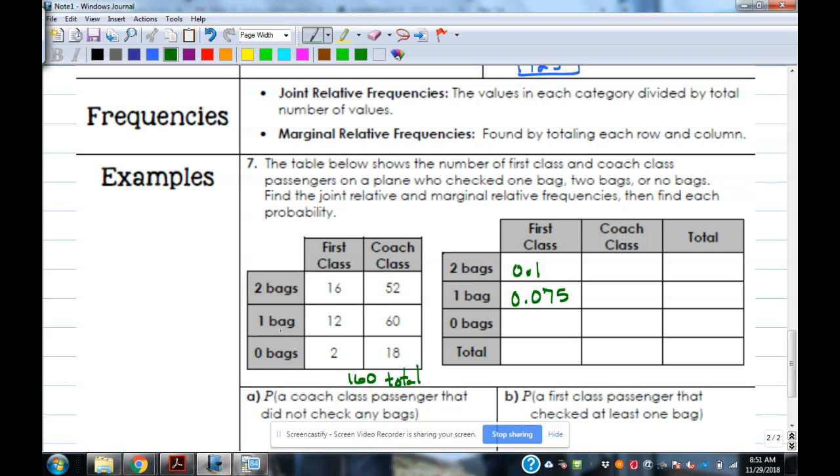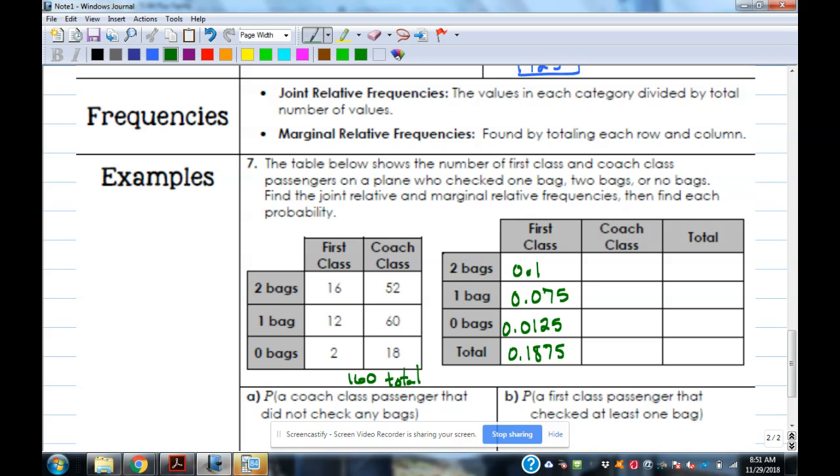And no bags would be 2 out of 160. And then our chart asks us to total that up. So add up these three. Just add them, since they're already stacked up.